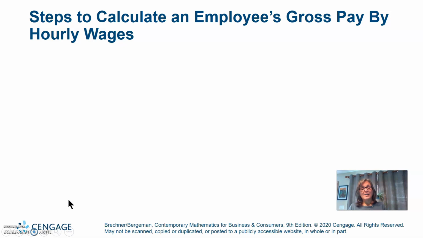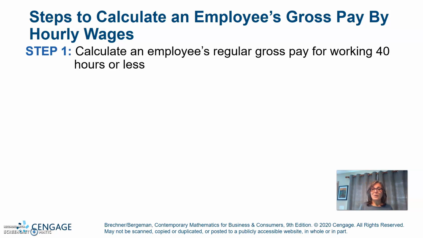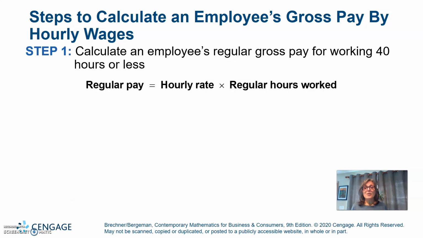Okay, so here's how you calculate gross pay by hourly wage. First you calculate an employee's regular gross pay for working 40 hours or less. So it's just their hourly rate times their hours worked, and that gets you their regular pay.